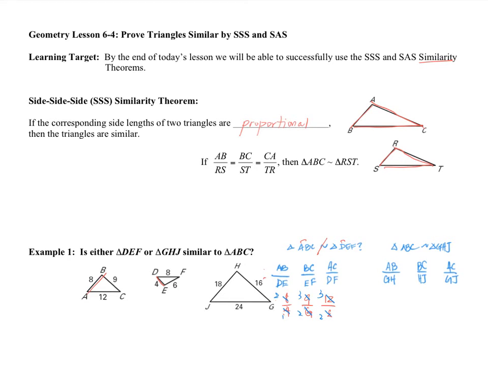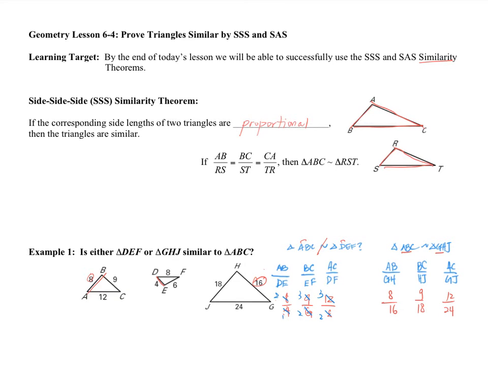Now let's check the other two, triangle ABC and GHJ. So AB corresponds to GH. So 8 to 16, not 8 to 18, okay? You have to look at the similarity statement, AB to GH. So 8 to 16, BC 9 to HJ 18, and then we have AC and GJ, which is 24.